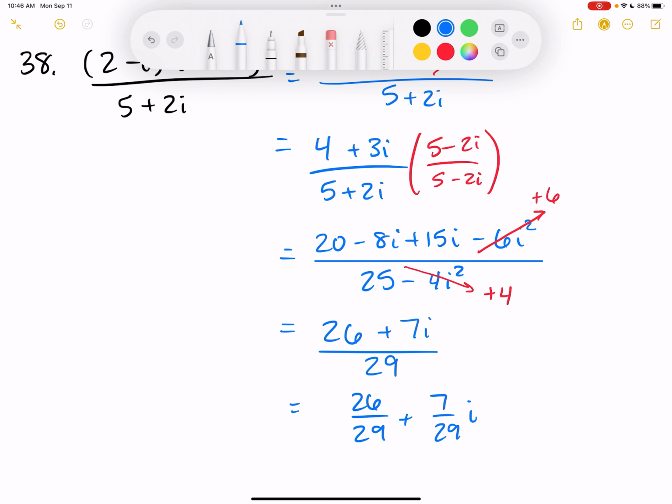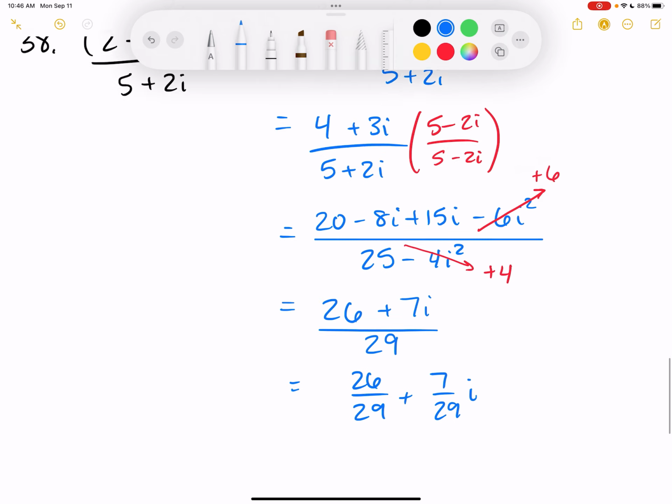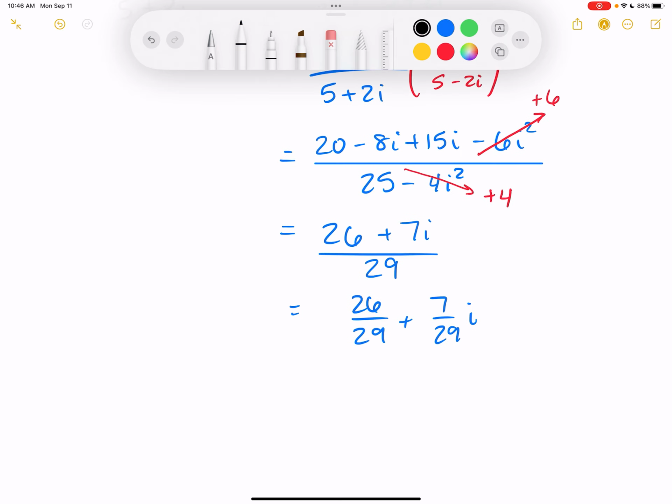All right, and then the last one is going to be a quadratic equation problem, and it's just going to end up having an i with it. Number 42, 3x squared plus x plus 2 equals 0.